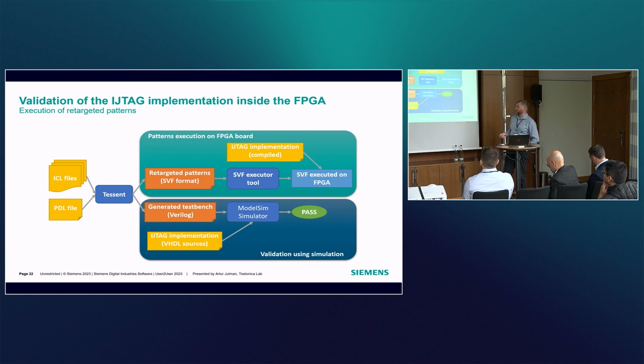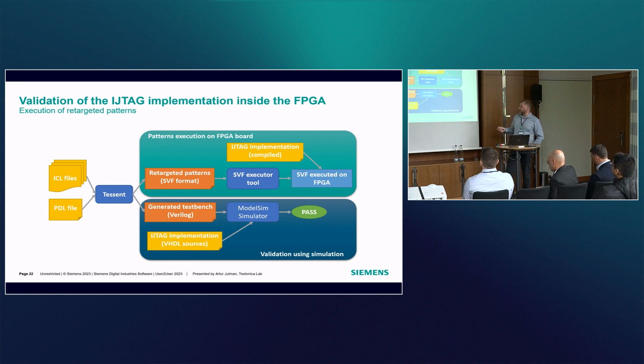So to initiate these two scenarios, you need to provide ICL files and PDL files. Using Tessent, you would receive SVF, or top-level retargeted patterns in SVF format, that would be run by the SVF executor, and the IJTAG implementation would be placed on the FPGA for the execution.